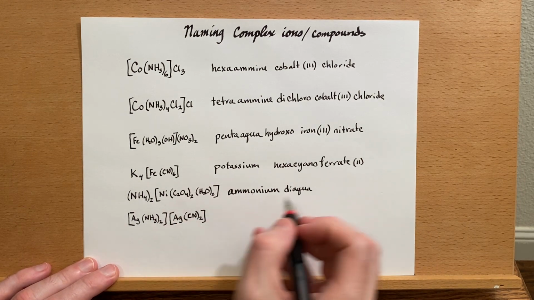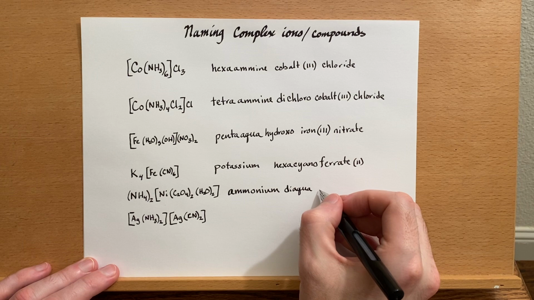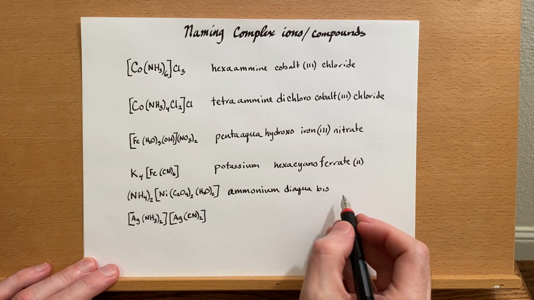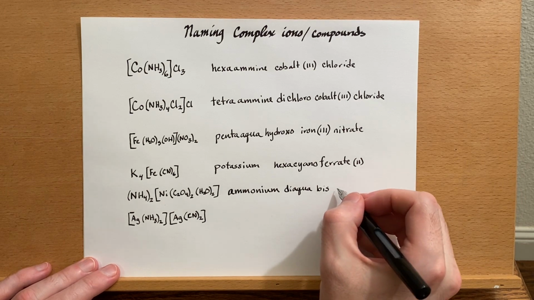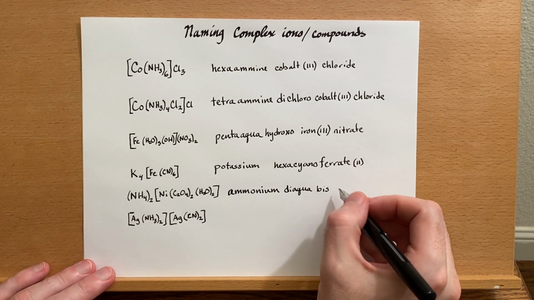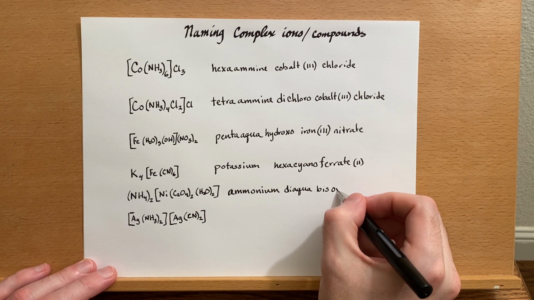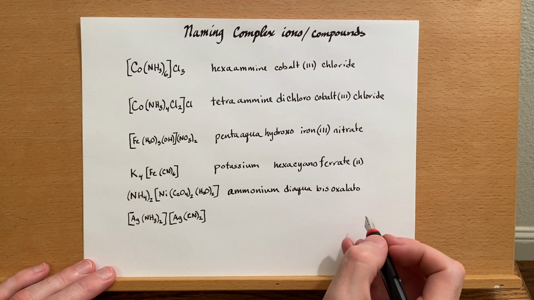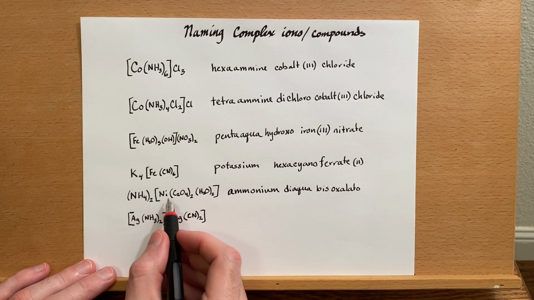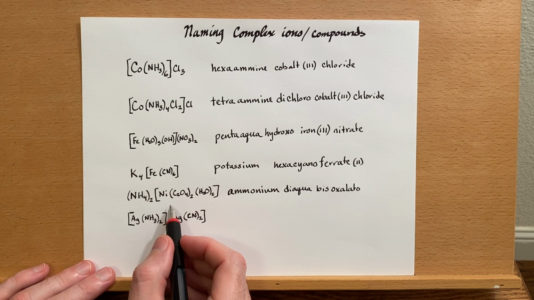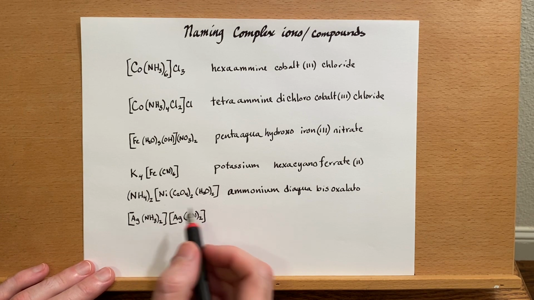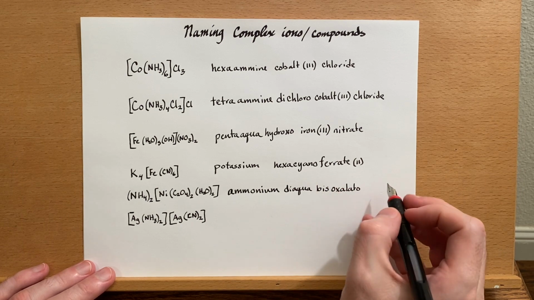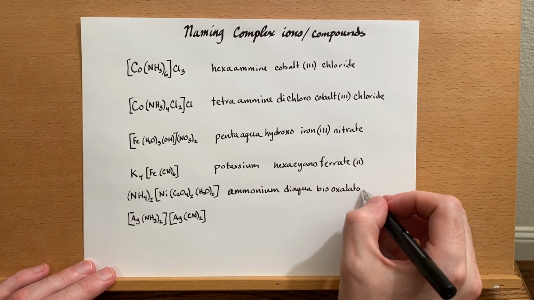And then there are 2 oxalates, but it's chelating, so we call it bis, B-I-S. Oxalato, because again, it's negatively charged. And then we come to the nickel, and it needs to end in an ate, and there's not a very nice way like the iron to go with, so it's just nickelate.